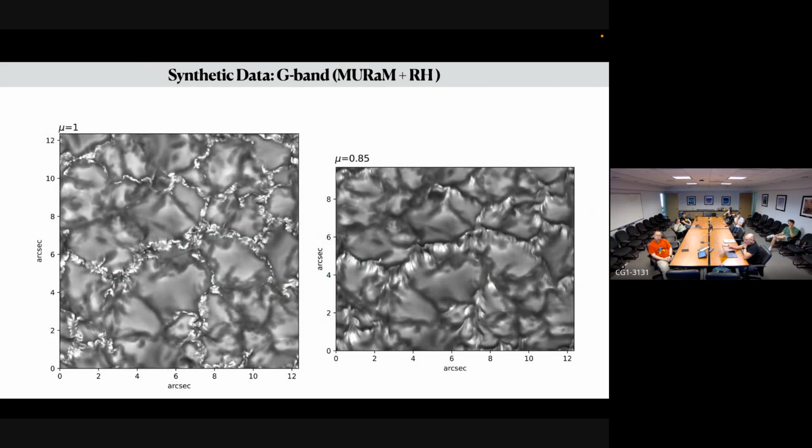But for this mu, the striations are getting longer, and we are getting some predominant direction. So geometry and viewing angle again affect a lot what we see.